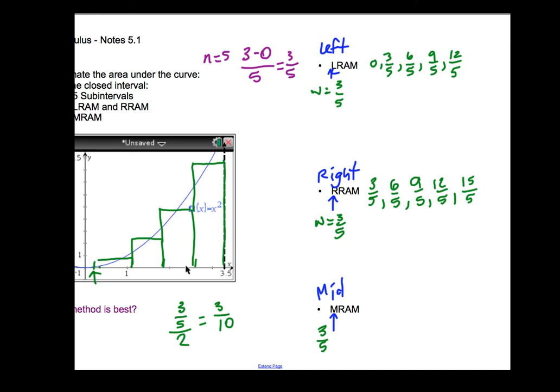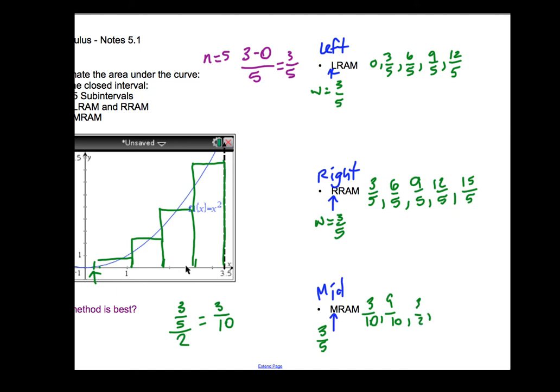Remember that it's going to be at the middle of every interval after that, or 3/5 of a unit later. So I'm going to start at 3/10, and then I'm going to add 3/5 to that. So 3/10 plus 3/5 is 9/10. And then 3/5 to that is 3/2.